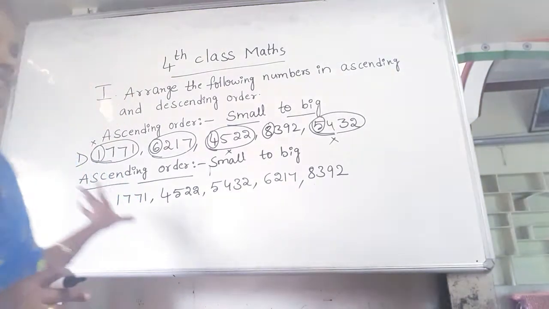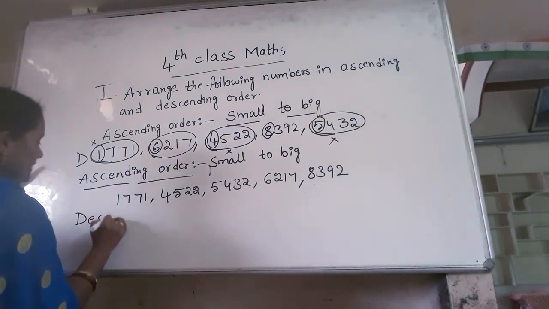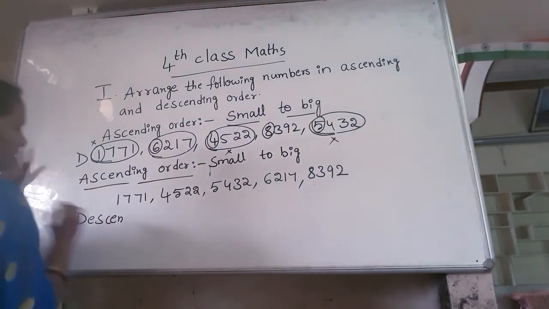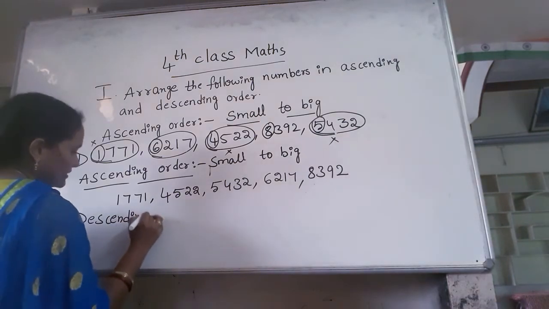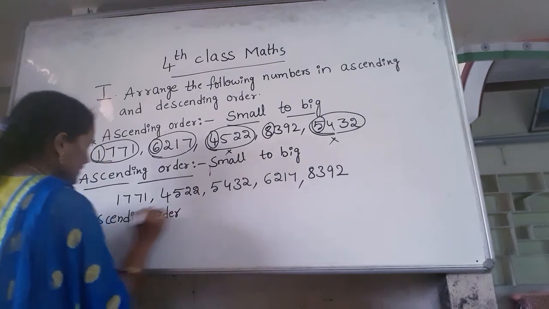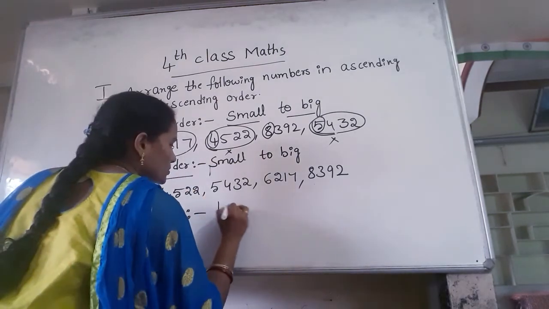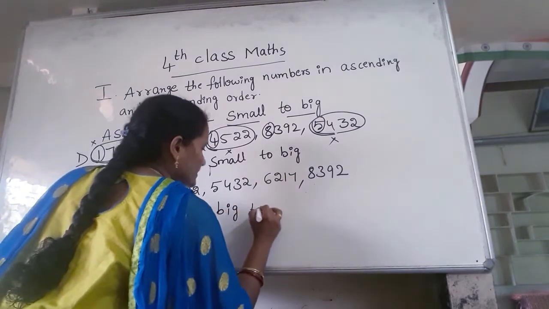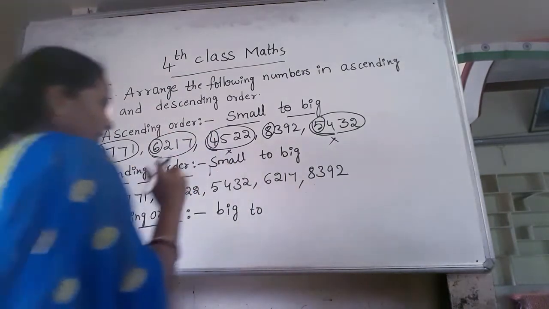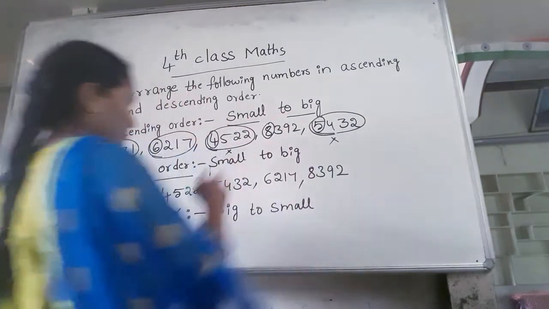Now next one, how to write in descending order. Just now I told you what descending order is. Descending order means biggest number to smallest number. Big to small. In the given digits you should write big to small.